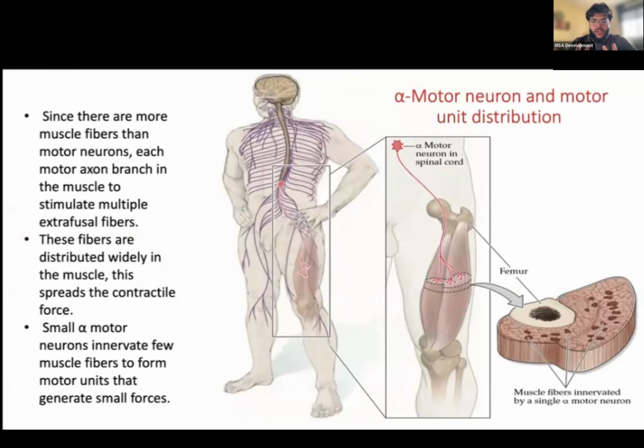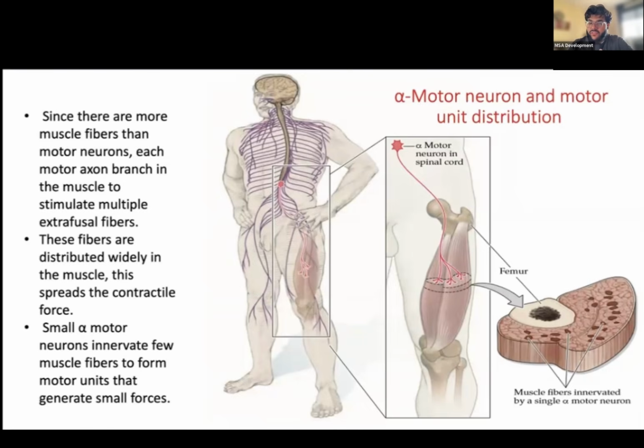So let's talk about the structure behind the EMG function in the first place. There are many more muscle fibers in your body compared to motor neurons, right? To handle this, each of your motor axons, once it goes inside a muscle, will branch. This allows a single axon to supply multiple individual muscle fibers.